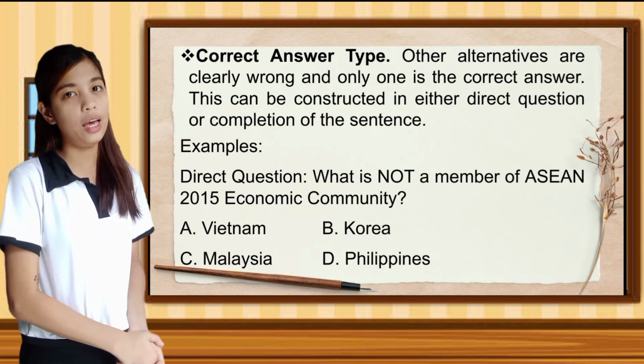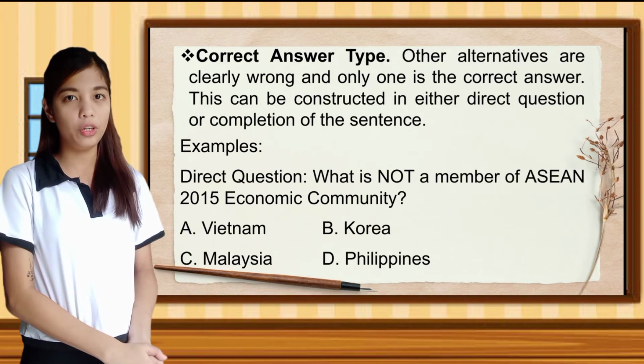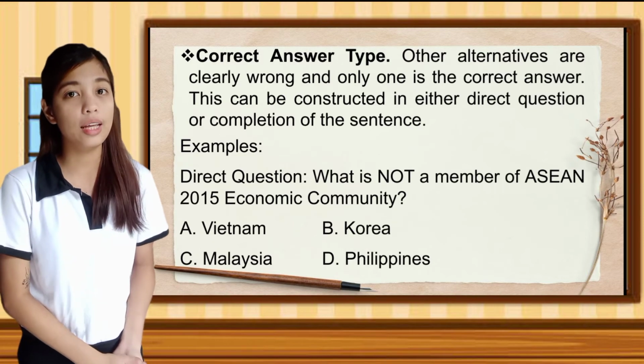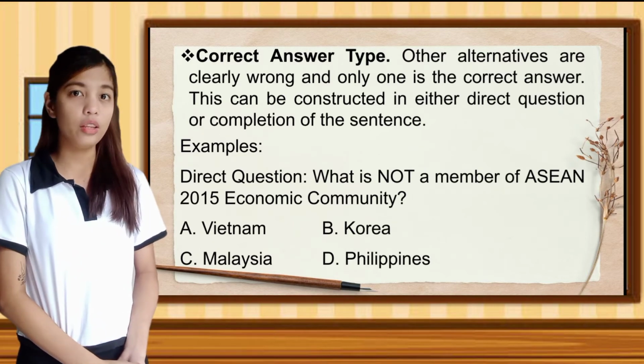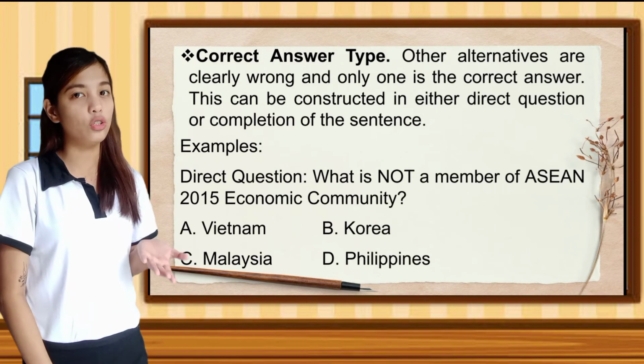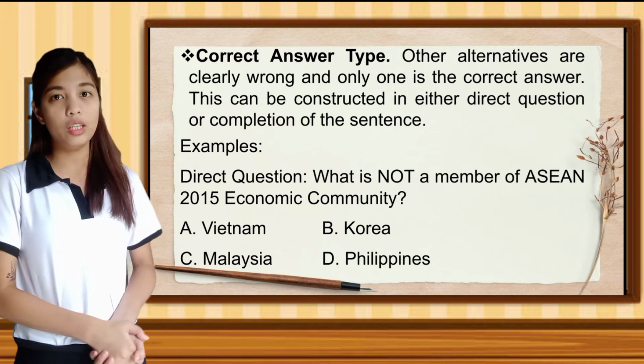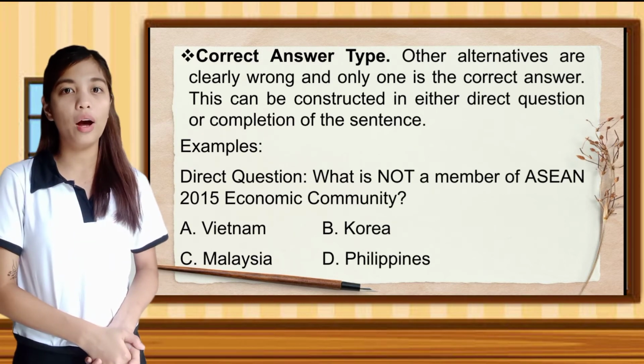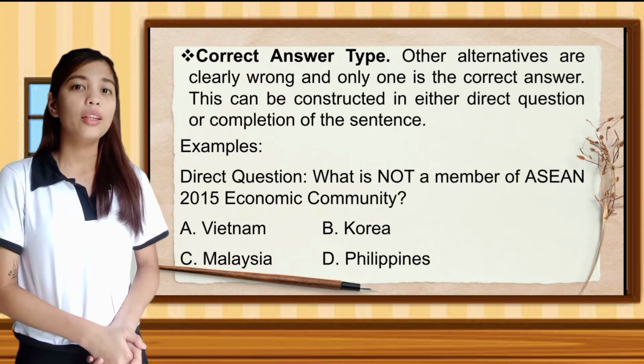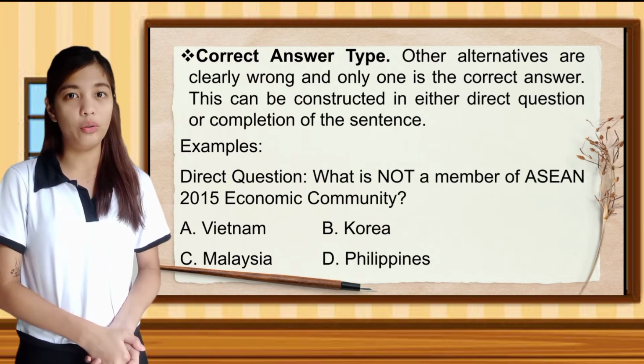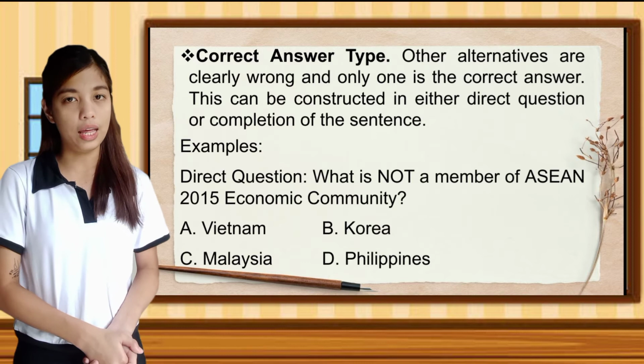Some multiple choice items are presented with stimulus material. Multiple choice tests include different types, and the first one is the correct answer type. Other alternatives are clearly wrong, and only one is the correct answer. This can be constructed in either a direct question or completion of the sentence.